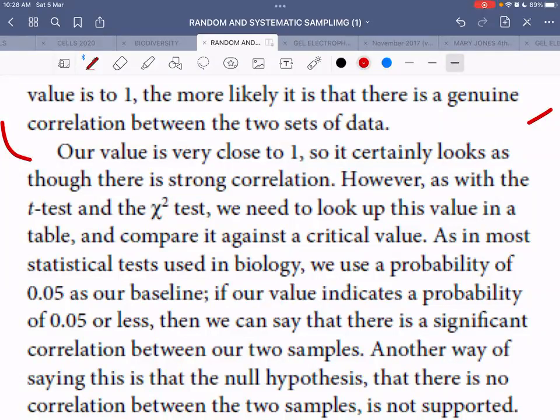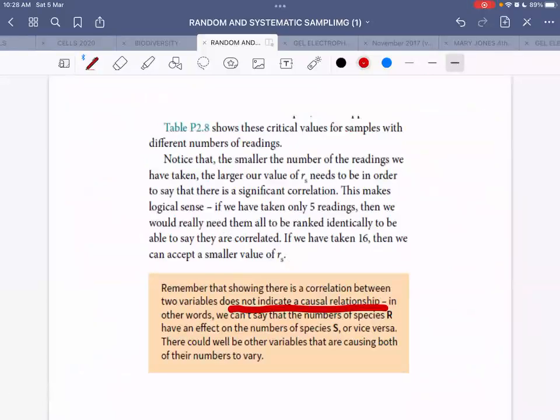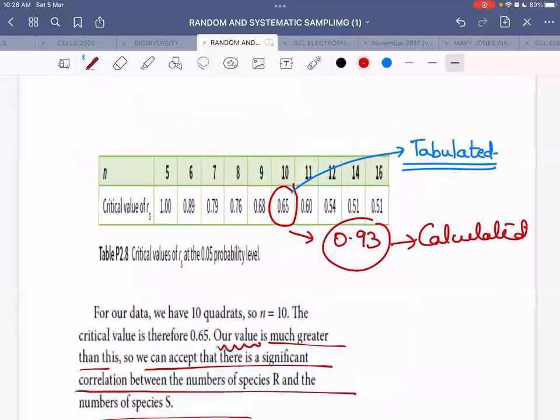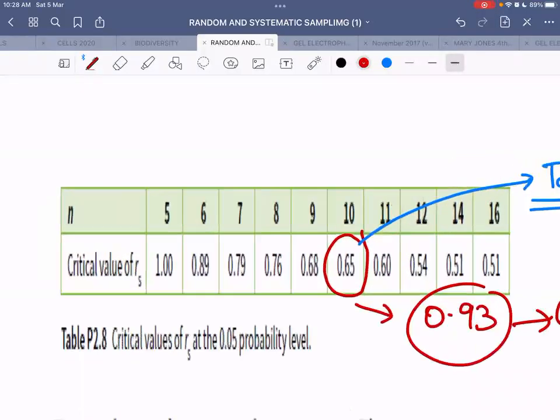Yes, miss. As in most statistical tests used in biology, we use a probability of 0.05 as our baseline or cutoff. If our value indicates a probability of 0.05 or less, we say that there is a significant correlation between our two samples. ठीक है, कैसे मैंने बताया था, हम इसको कंपेयर करते हैं. 0.93 हमारा आंसर है और हम इसको टेबल में देखते हैं. अच्छा, now what was n? n क्या था हमारा? 10 था.